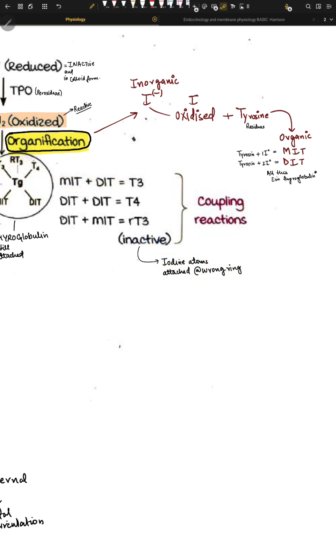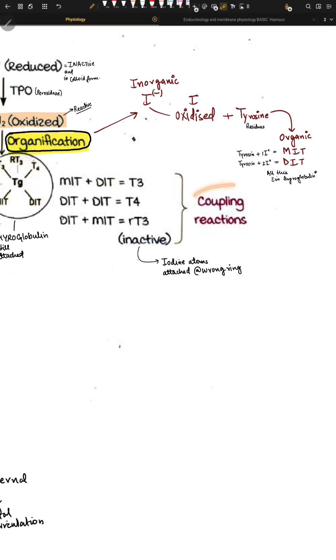So this is the concept of reverse T3, T4 and T3. T3 is DIT, MIT. T4 is DIT, DIT. And reverse is this, that you reverse this. Reverse of T3 is reverse T3, right? So we call it coupling reaction.